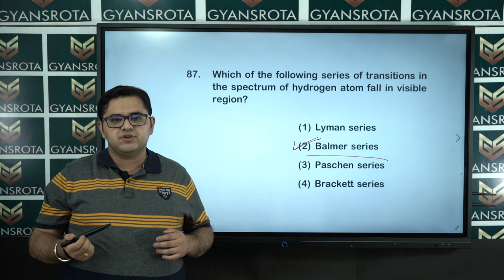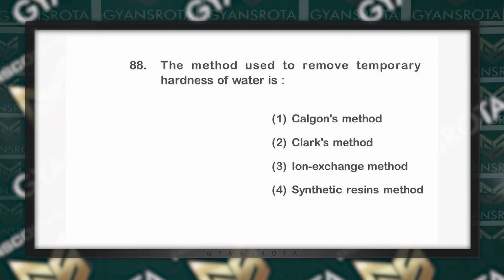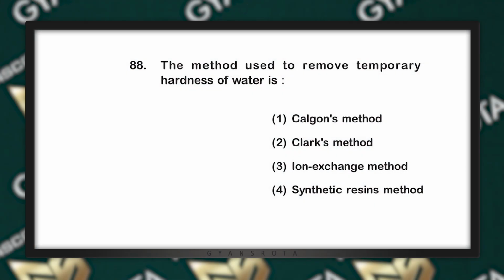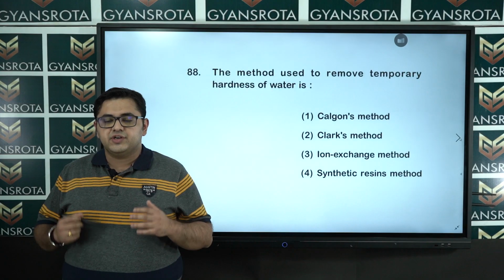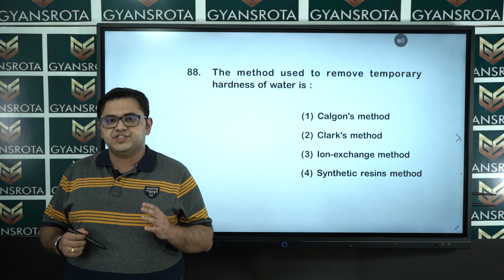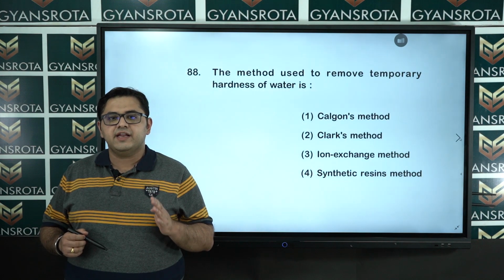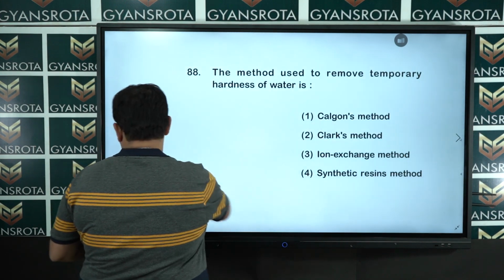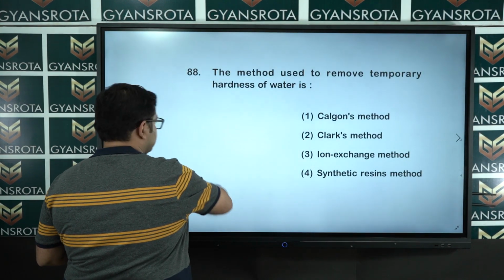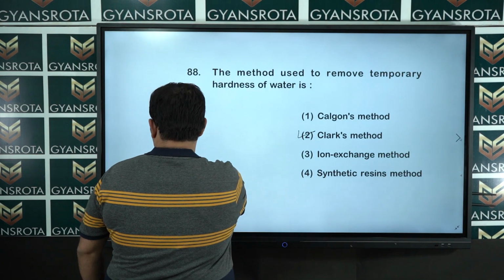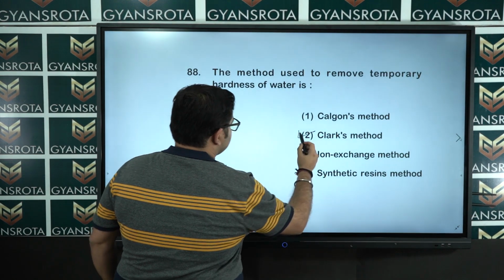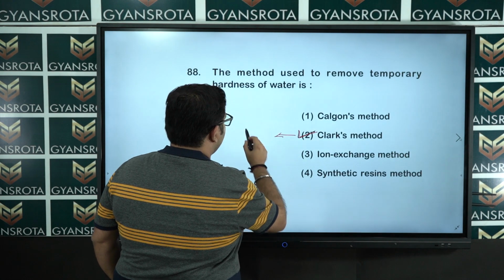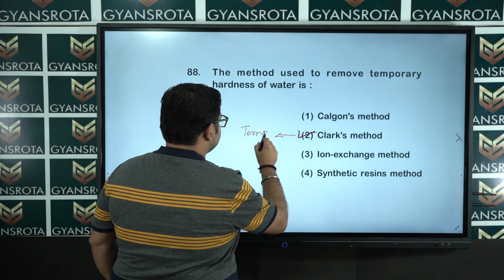Now, we are moving to the next question, that is question number 88. The method used to remove temporary hardness of water is. This question comes from your hydrogen chapter given in the 11th chemistry. If you see the Clark's method, Clark method is basically used to remove the temporary hardness.